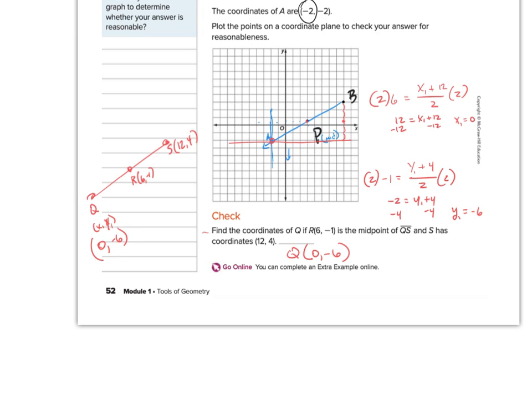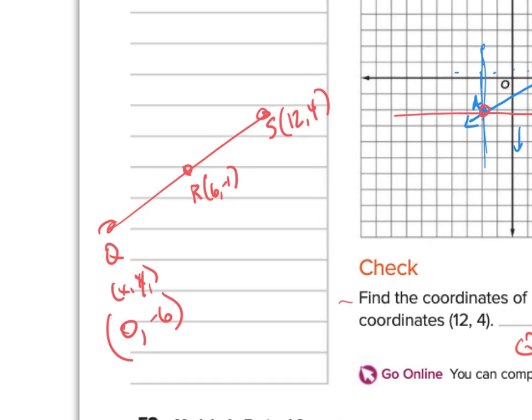And if I'm not going to put it on the graph, I could, but if I just do some mathematical thinking, okay? If I look at my X value, in order to get from 12 to 6, I traveled 6 units on my X values. So that means I should travel another 6 units on my X values to get to the other end of my segment, which would be 0.